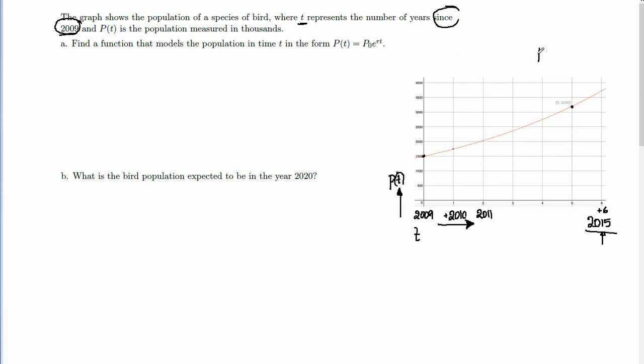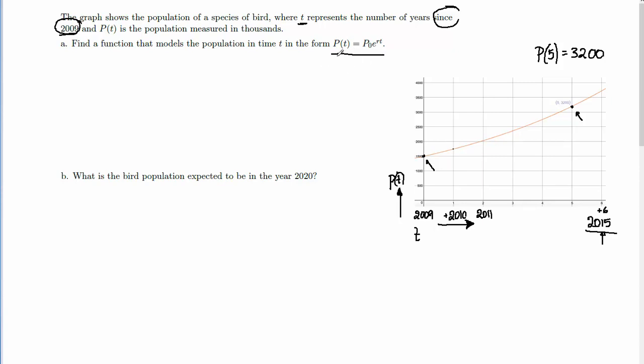So this means that the population at year 5, that is 2014, is going to be equal to 3200. So this is how we read our graph. Now, the graph gives us a lot of information. We have this beautiful point right here, and we also have the y-intercept that basically tells us a lot about the initial population.